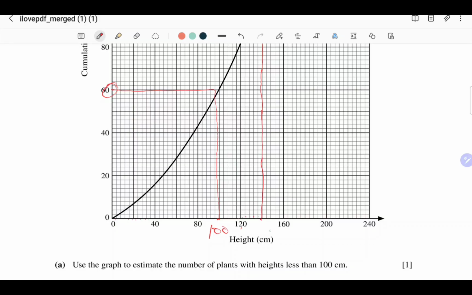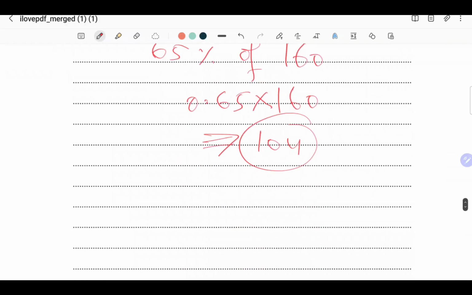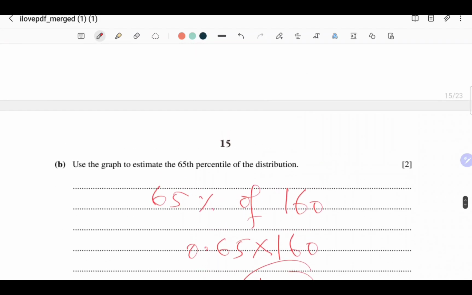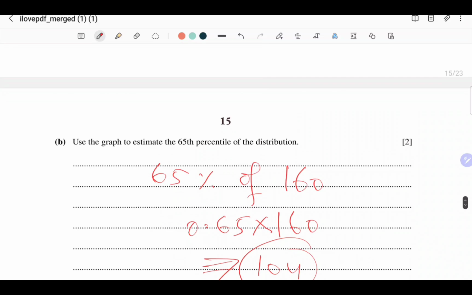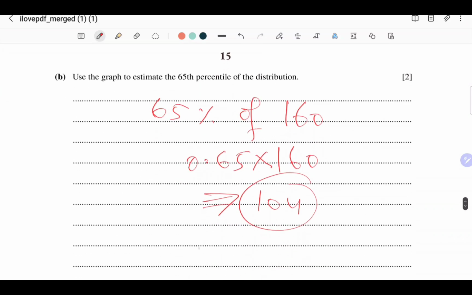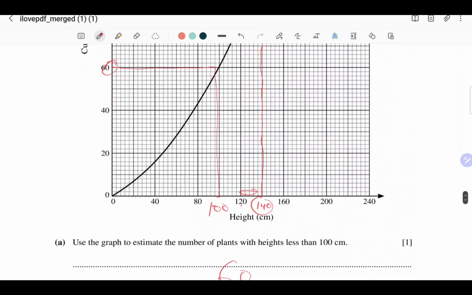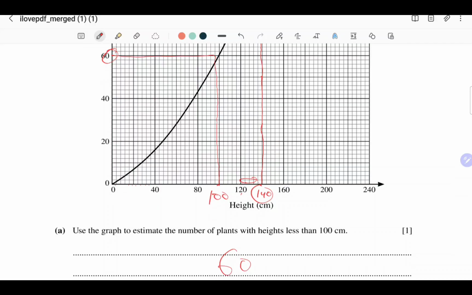It comes in the middle. Can I say it's 140 according to me? Yeah, so use the graph to estimate the 65th percentile of the distribution. So that will be, guys, 140 centimeters. But they will give you some range for this type of question.